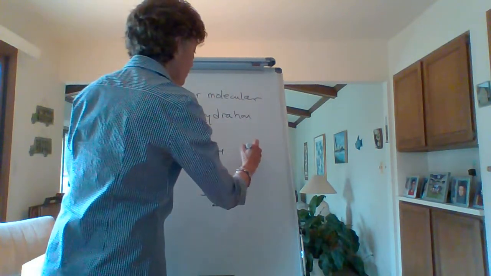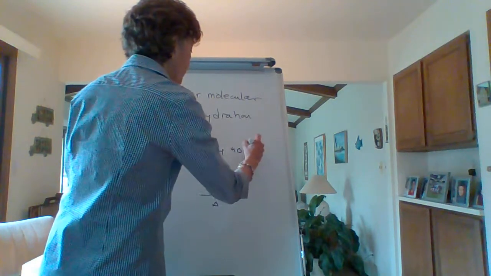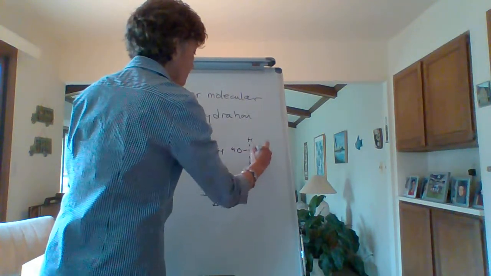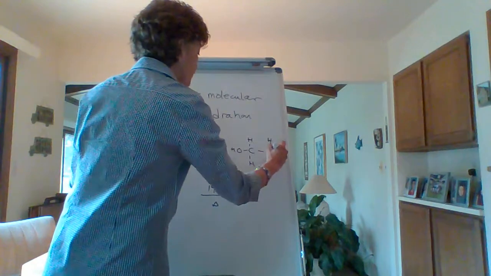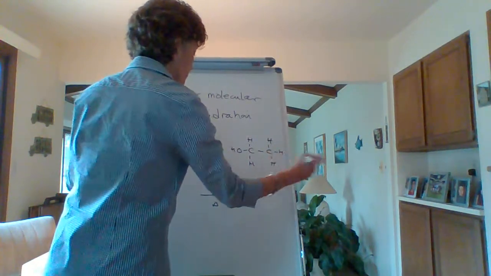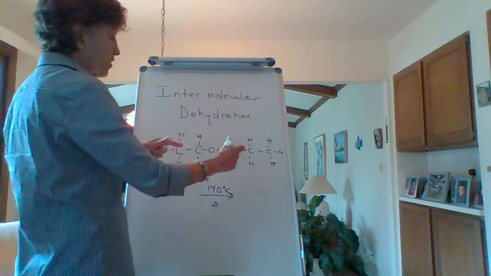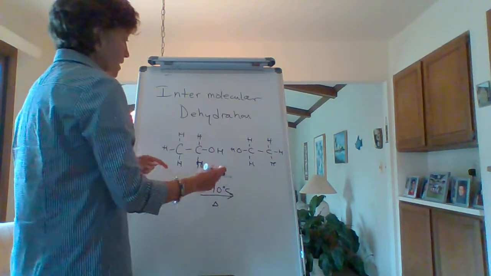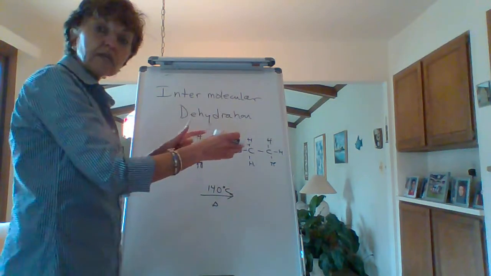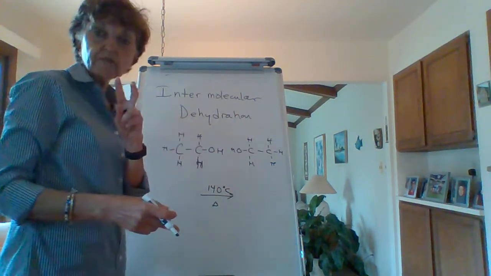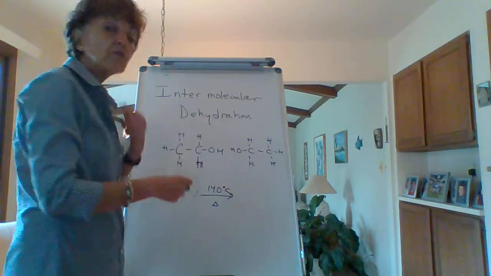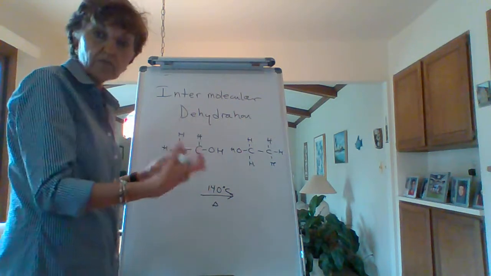So I'm going to just draw another ethanol. I'm going to have them facing each other, with the OHs kind of looking towards each other. So I have ethanol and ethanol. With intermolecular dehydration, you have to have the involvement of two molecules, right? And even though they never show you the second molecule, you have to assume it's there.